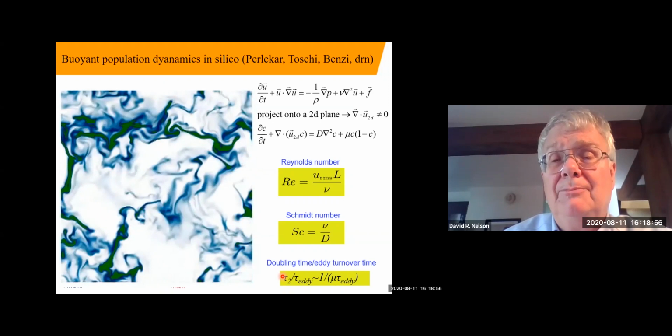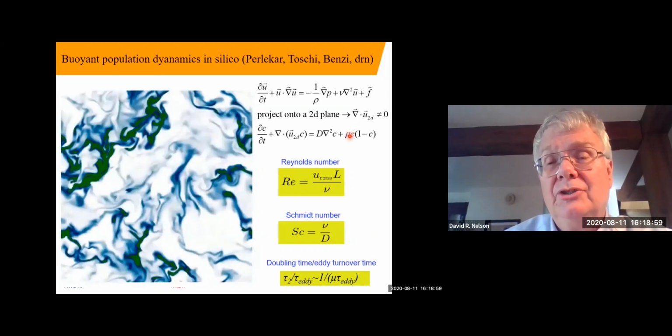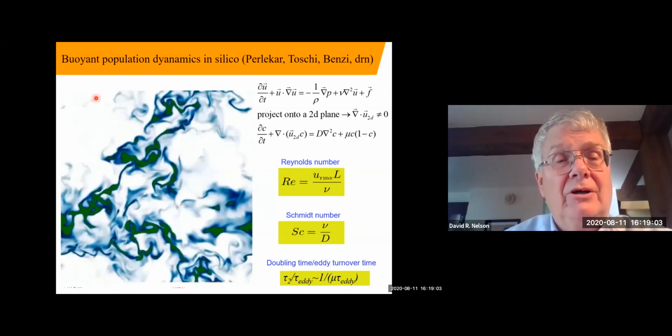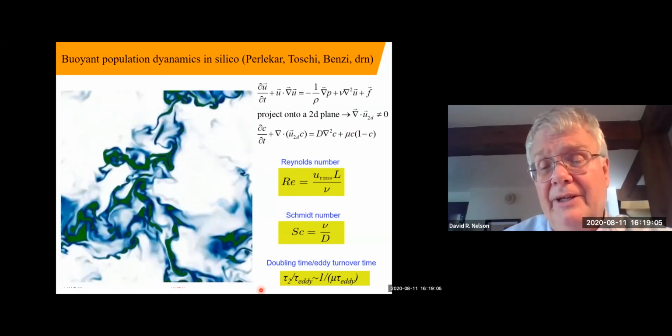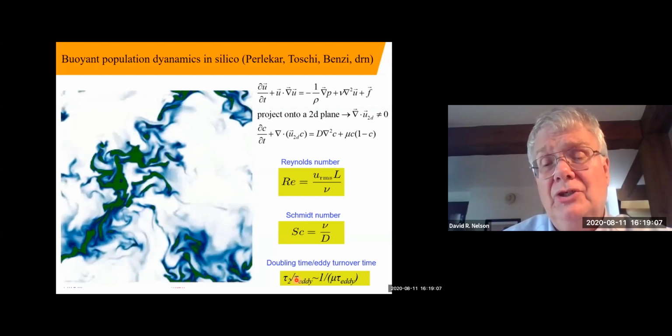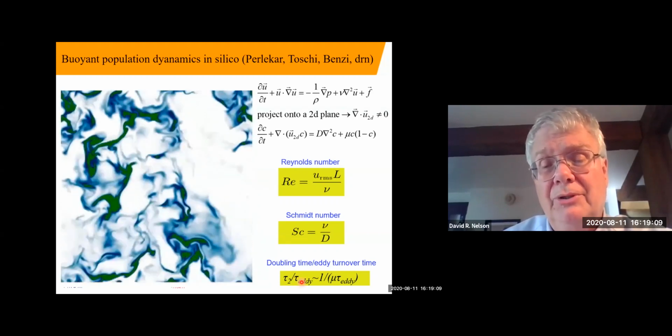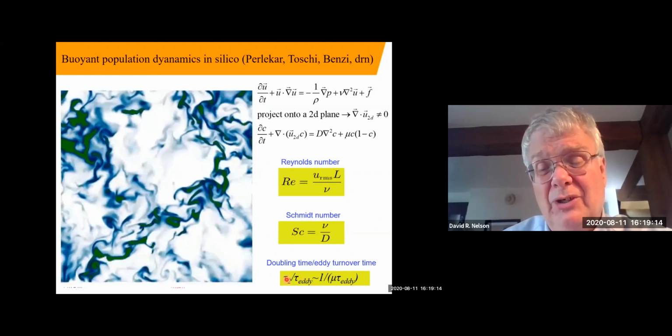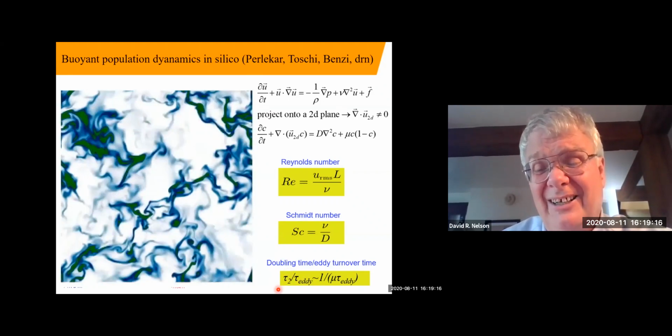So this mu, up to factors of log 2, is the reciprocal of a doubling time when the organisms are dilute, as they are maybe over here. And then you compare that to the small eddy turnover time of the turbulence that you're imposing. You get a sense of how fast the organisms can reproduce.